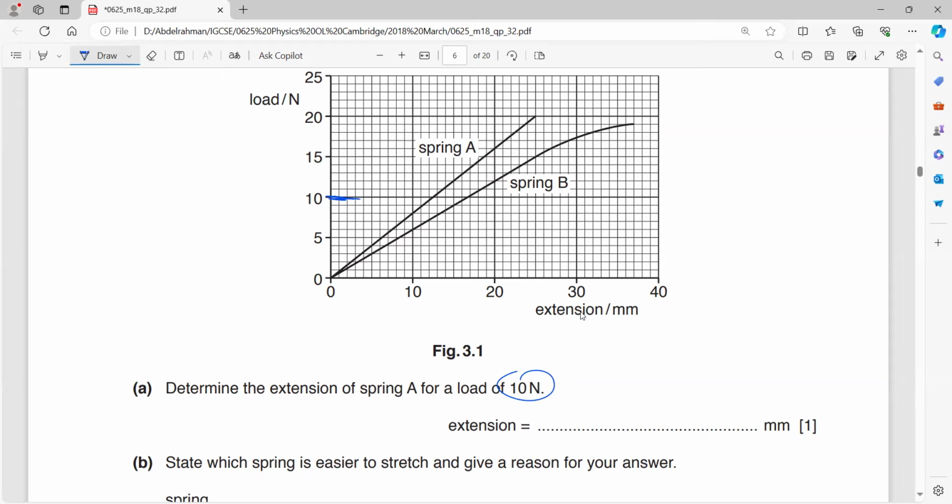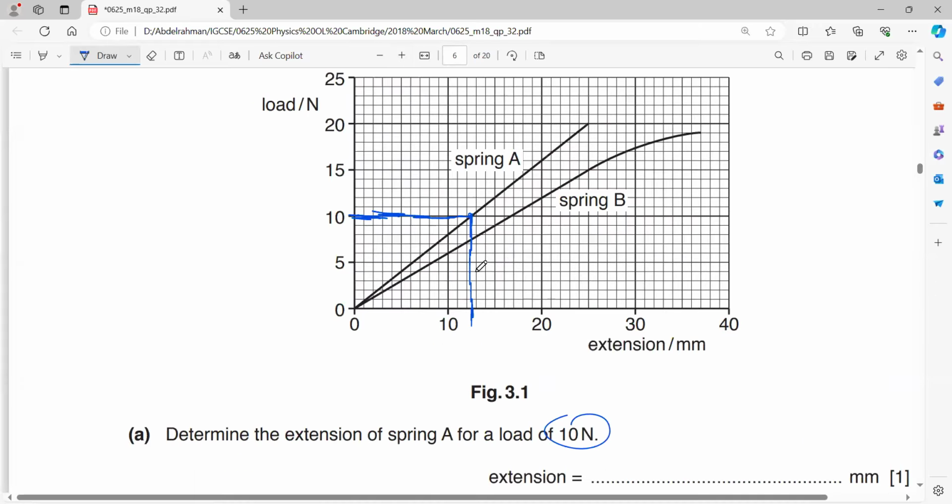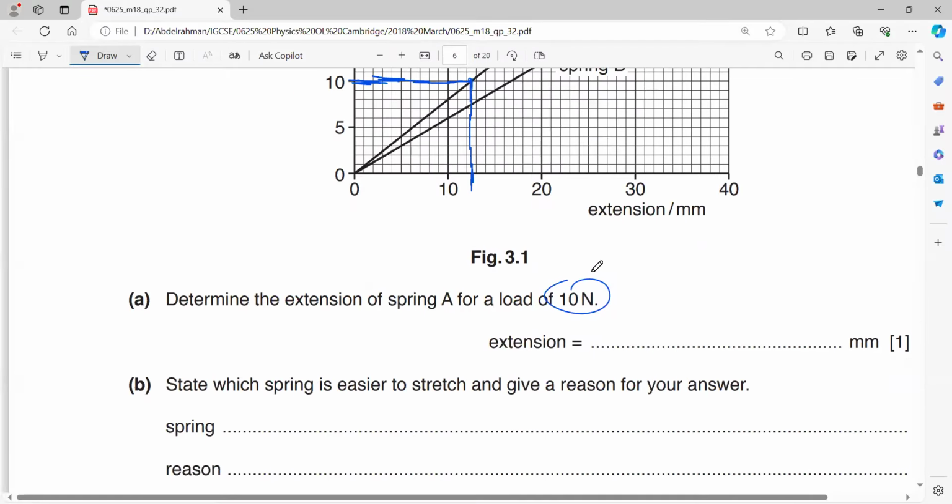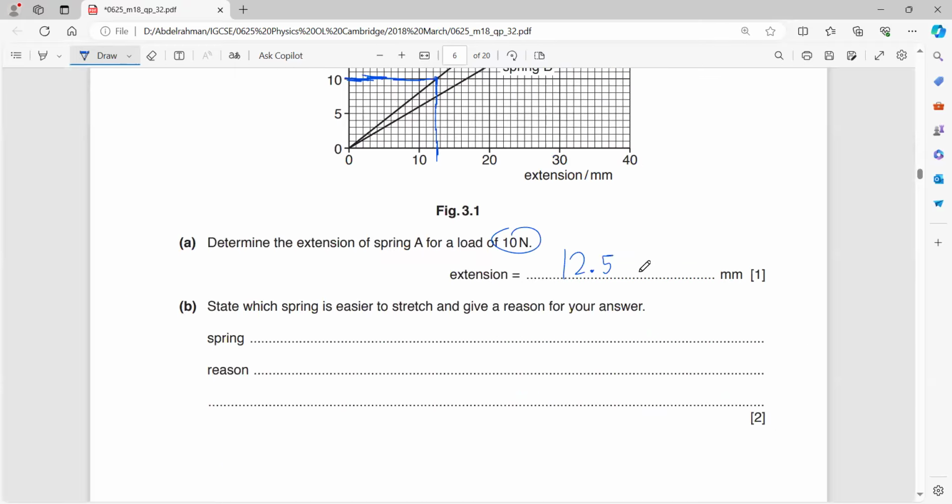I'll draw a horizontal line until I reach spring A, and then I will draw a vertical line from spring A until it reaches the x-axis. This would give a reading of 12.5, in the center of the square. 12.5 millimeters, sorry.